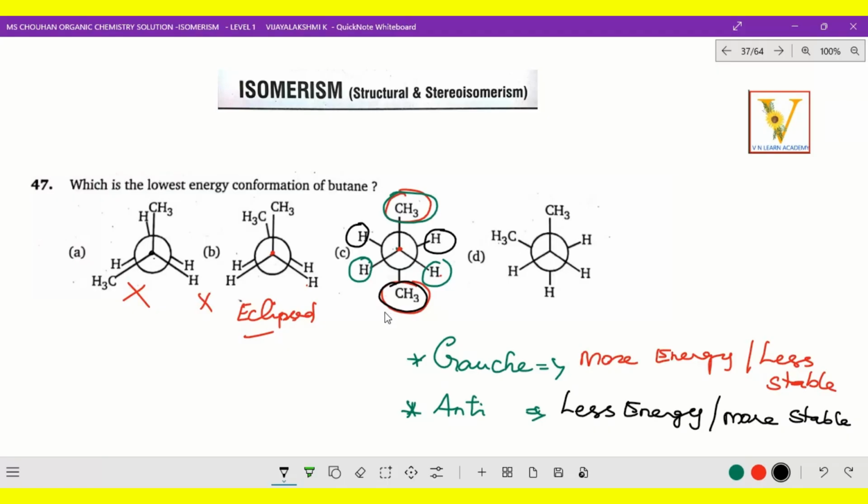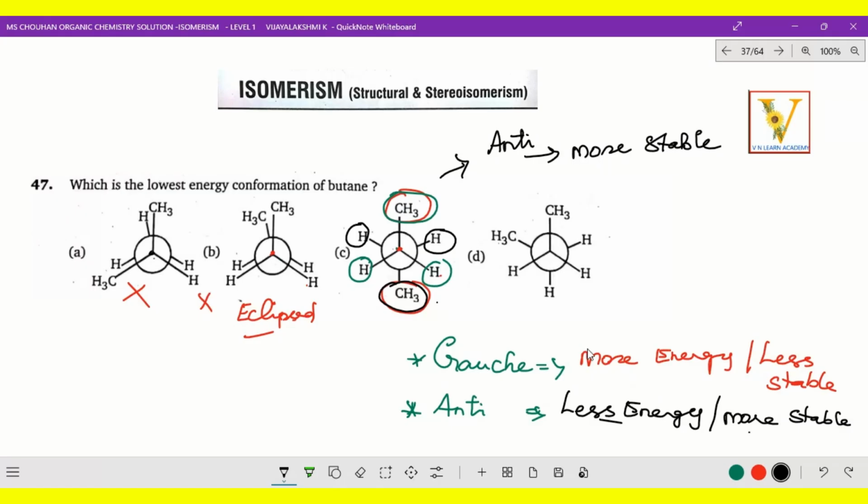So there is no steric hindrance, and repulsion will be very little or nil. So it is more stable and the groups are far apart. This is the anti form, more stable.